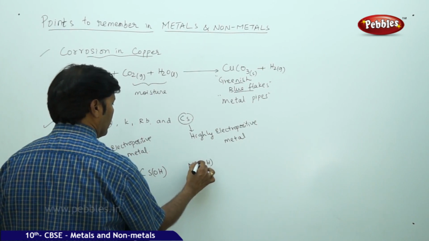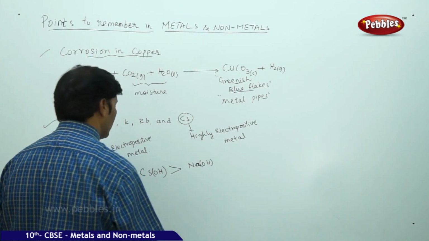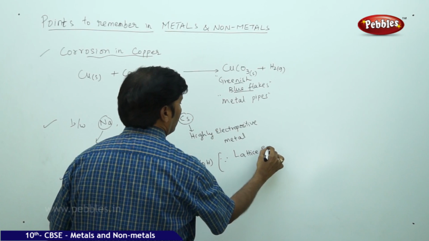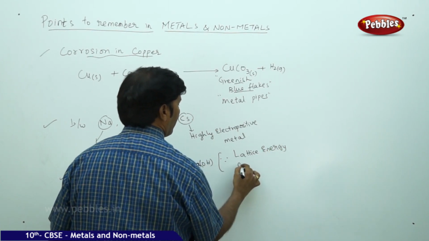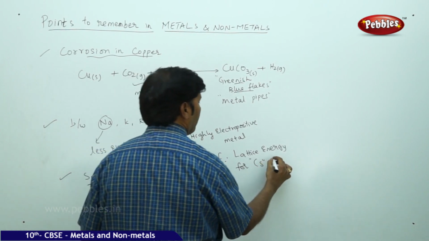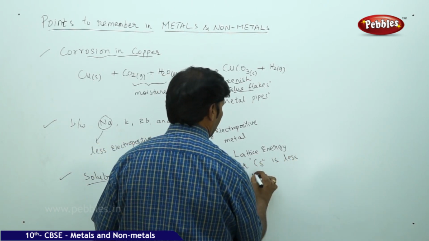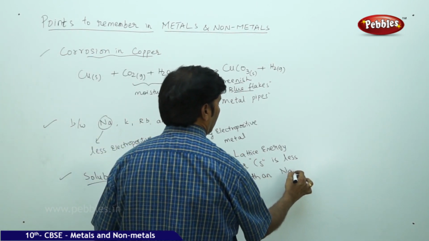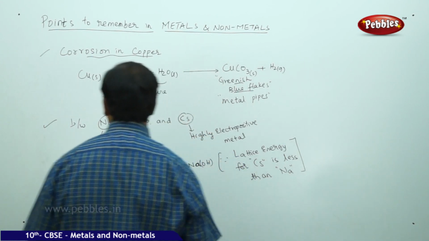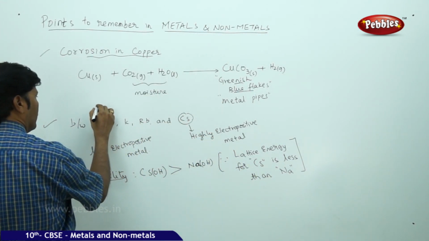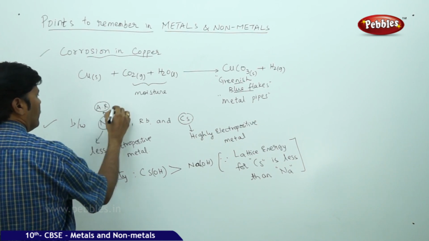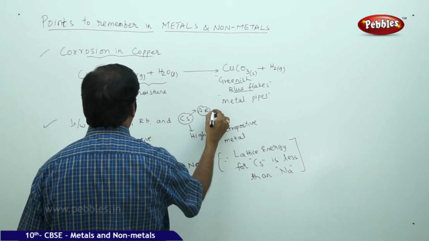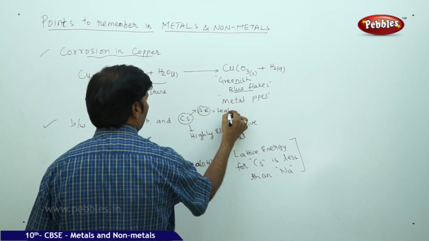You find cesium hydroxide is more soluble than sodium hydroxide because the lattice energy for cesium is less than that of sodium. The reason is the atomic radius of sodium is less, and the atomic radius of cesium is higher.